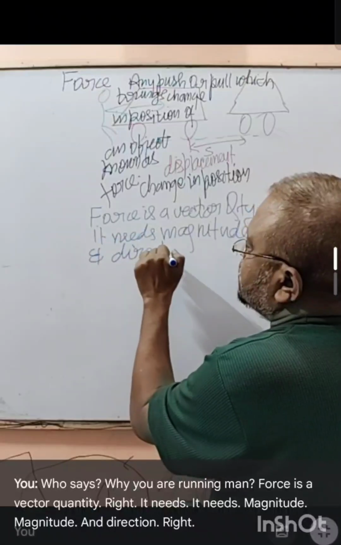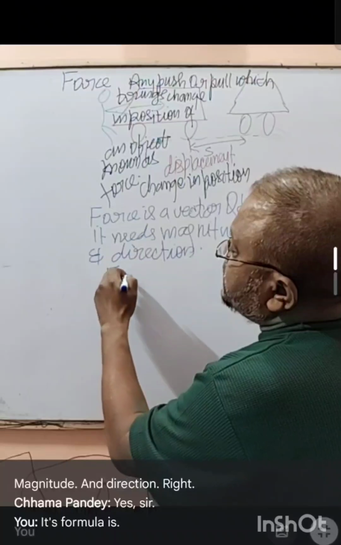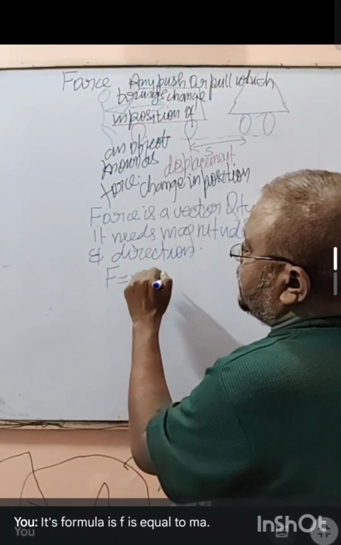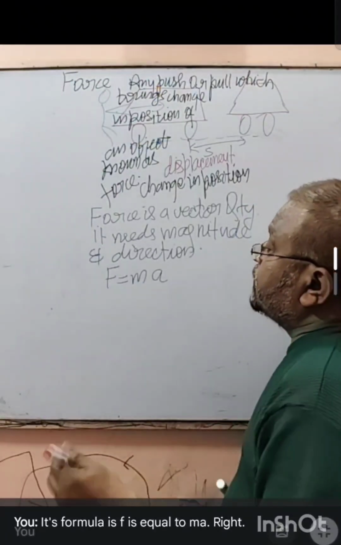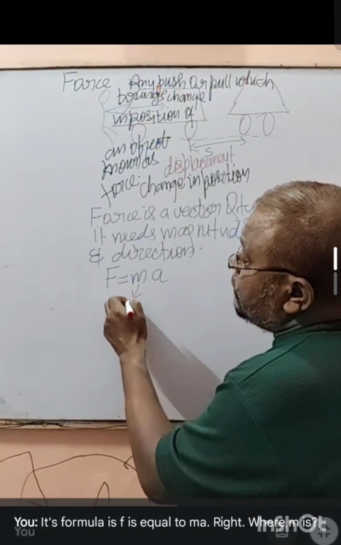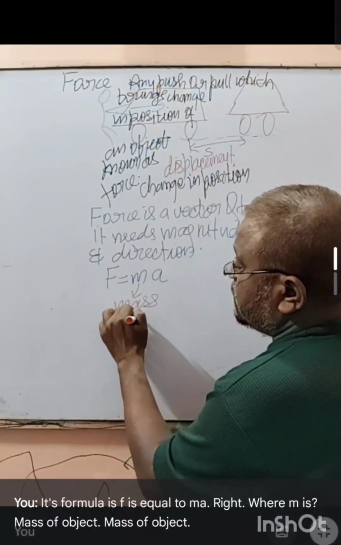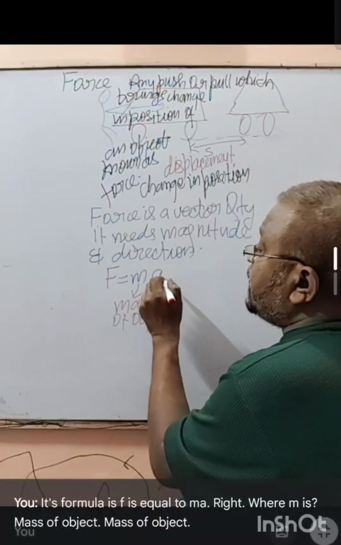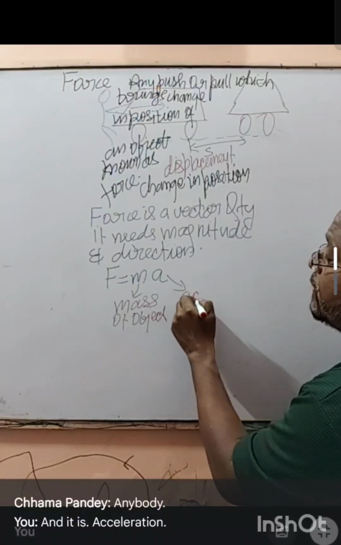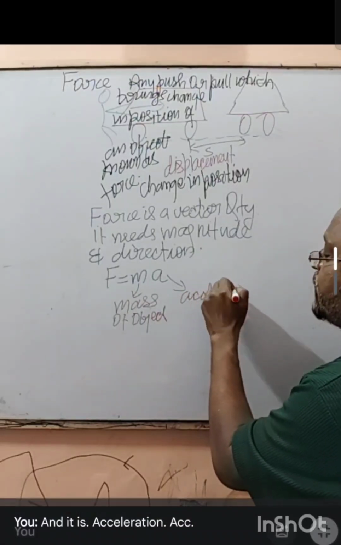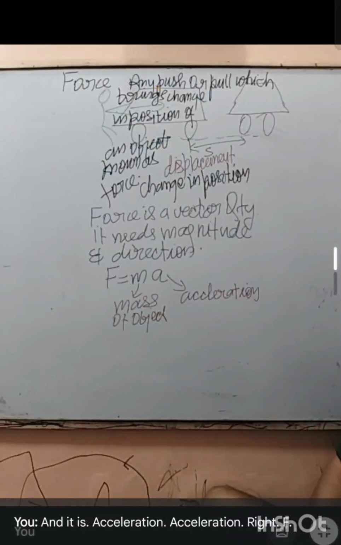Its formula is F equals m a, where m is the mass of the object and a is acceleration. F equals ma means mass of the object into acceleration. You get that?